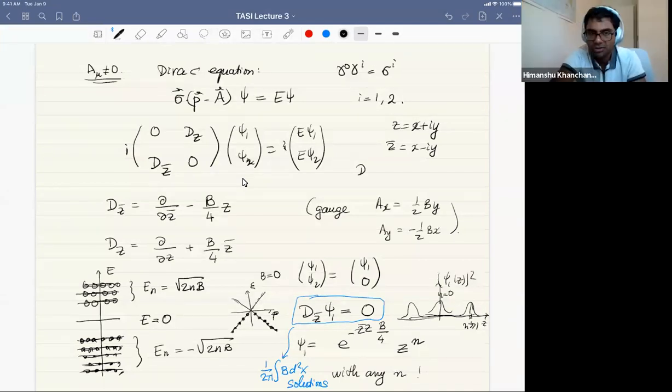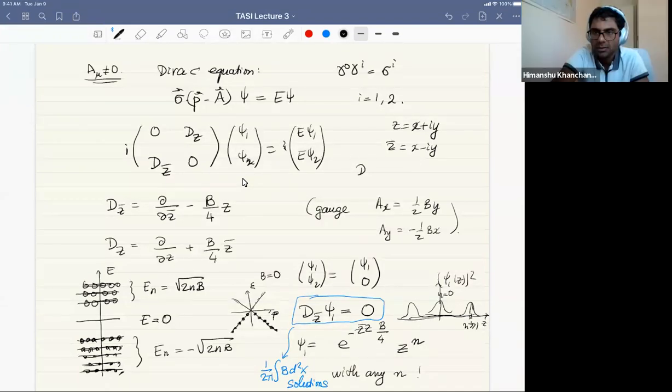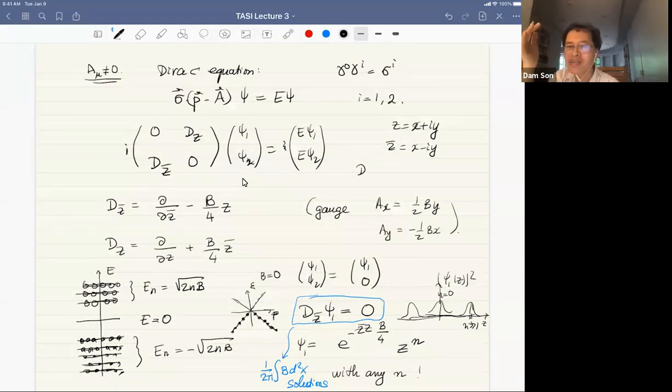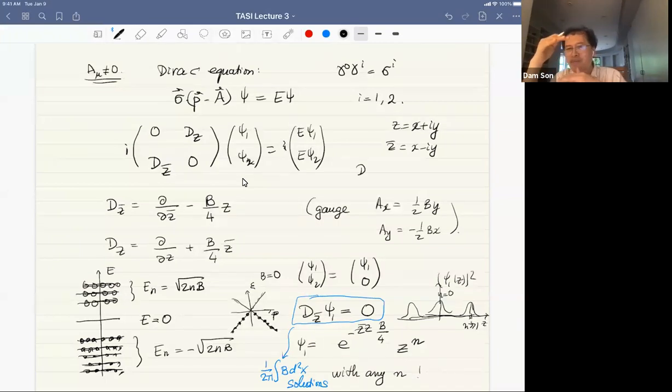Why isn't it continuous as a function of B? The spectrum is discontinuous as a function of B. If I take B to 0, these levels become denser.